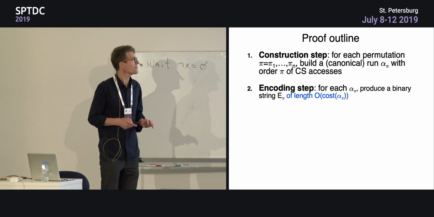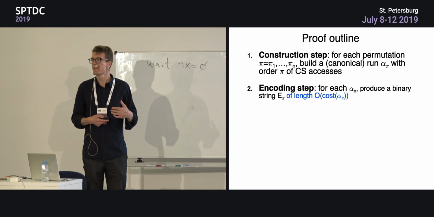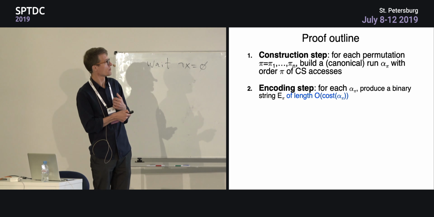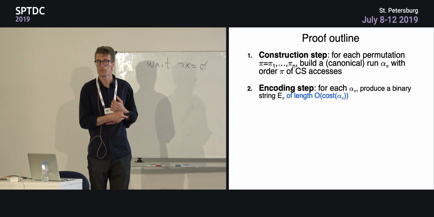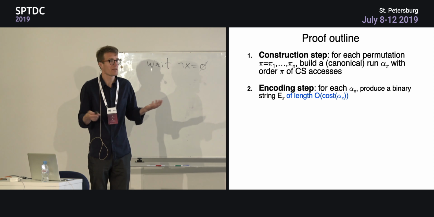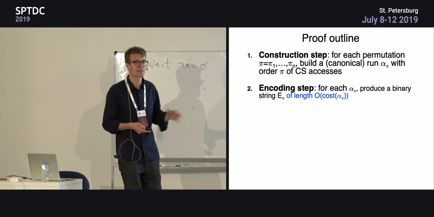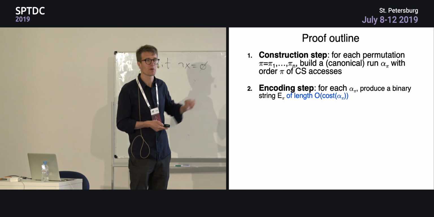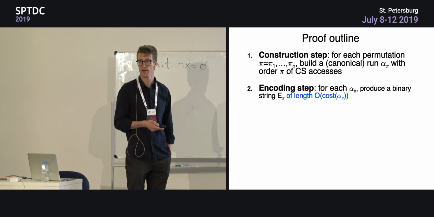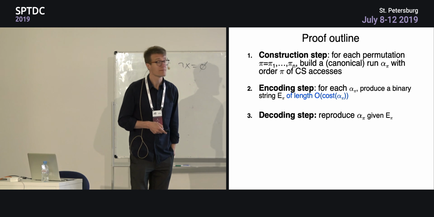Okay? Finally, we created the code book. This is the encoding part. We need to prove that it's a code, because otherwise maybe we created a set of strings which has no relation to what is done by the algorithm. So we need decoding.